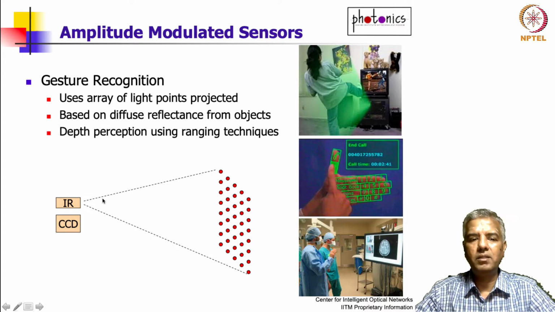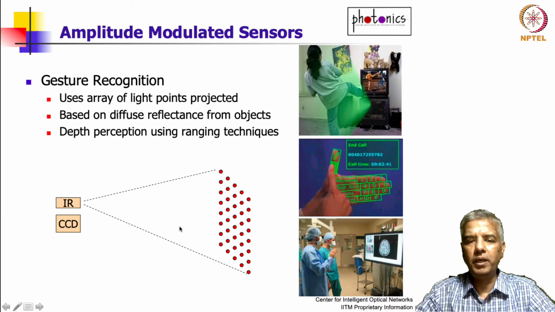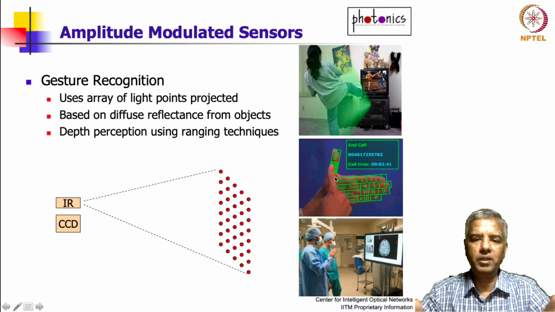So imagine there is a source of light like this, and it's able to project a pattern of dots, okay, in the far field. If you are able to do that, and if you have an object in between the source and the pattern of dots, then the object is going to scatter only a few of these dots, and the other dots are just going to go into the background, and basically there may be negligible scatter from the background.